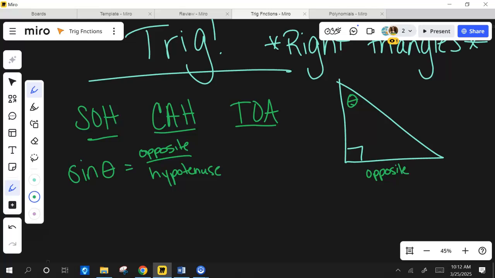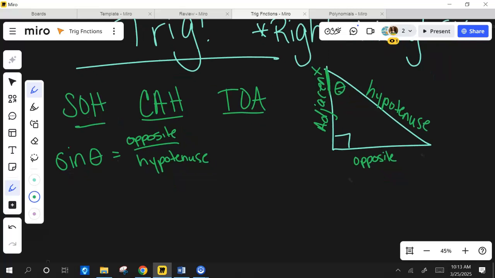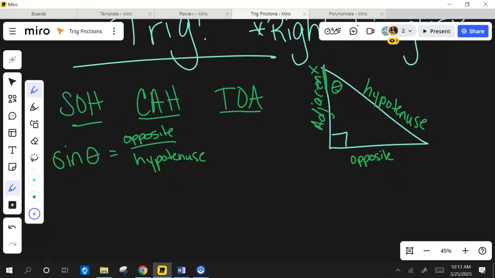This, of course, is the hypotenuse. And then you have an adjacent side, which is the side that it touches but never the hypotenuse. I hope that you've at least seen this at some point in geometry. This, of course, depends. If my theta was at the bottom, then my opposite and adjacent would be flipped. So it depends on where you're starting from and what your theta is.